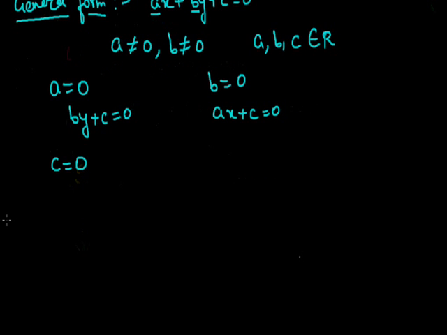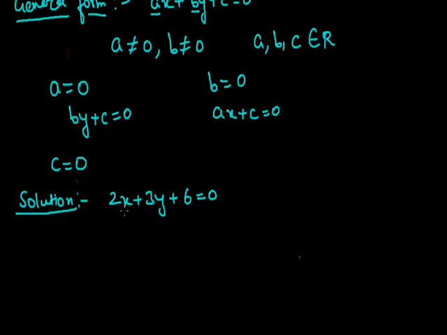Now if we talk about the solution of linear equation, as we are talking about the linear equation, like suppose 2x plus 3y plus 6 is equal to 0, the solution of this linear equation is actually the value of x and y which satisfy this equation.